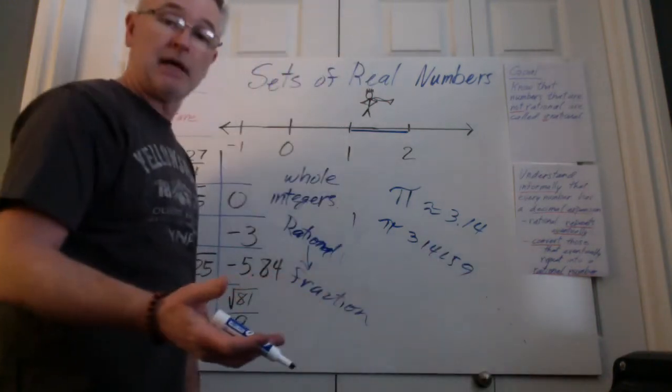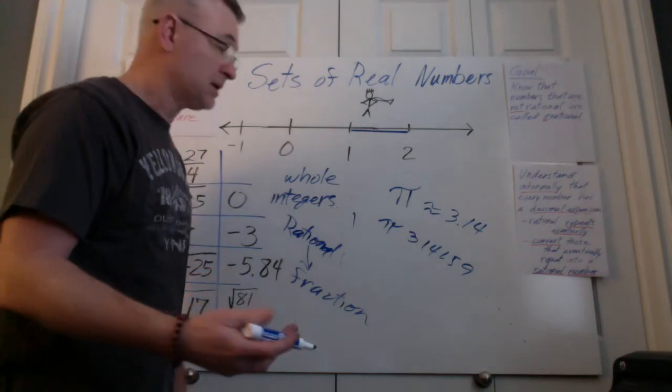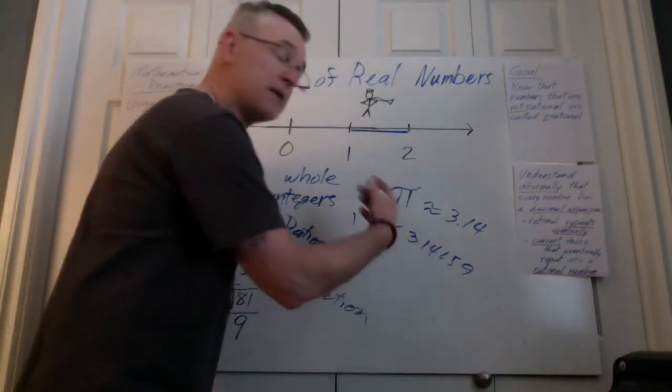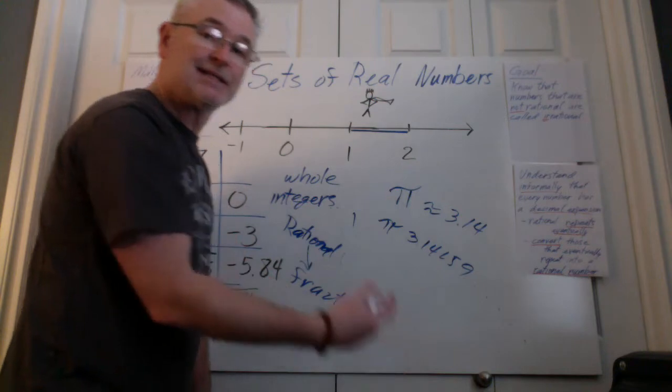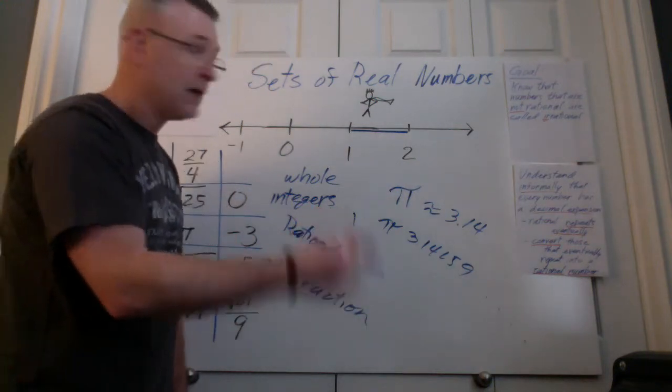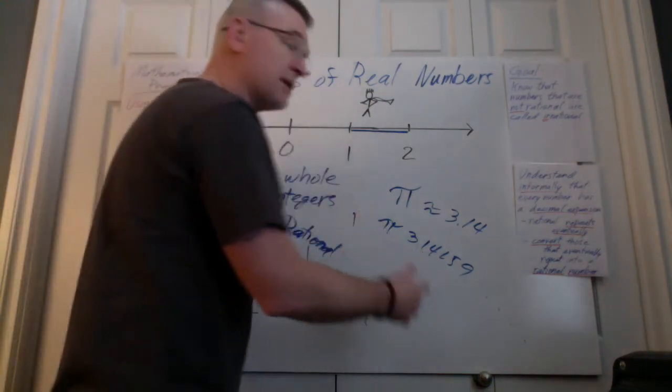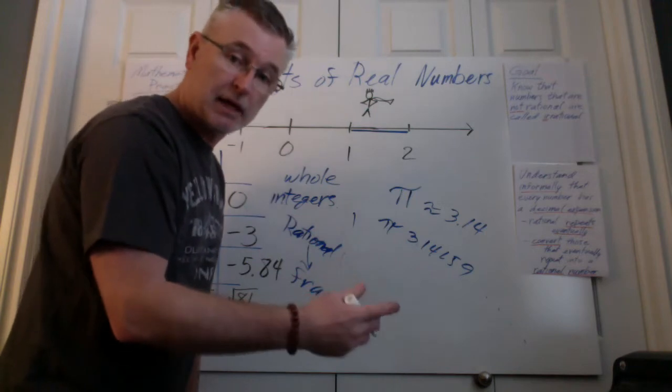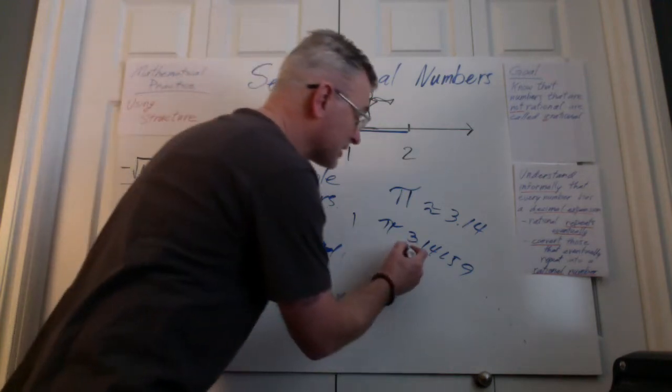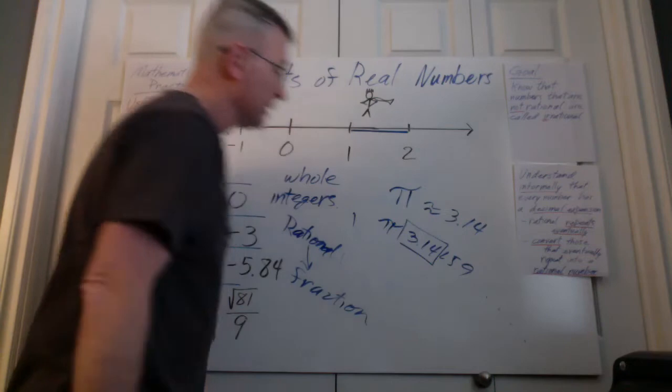I can't write it all down. You know why? Because there's no pattern. And it doesn't terminate because it's irrational. It's an irrational number. But is it still on the number line? You bet it is. It's a real number because it's really close to 3.14.